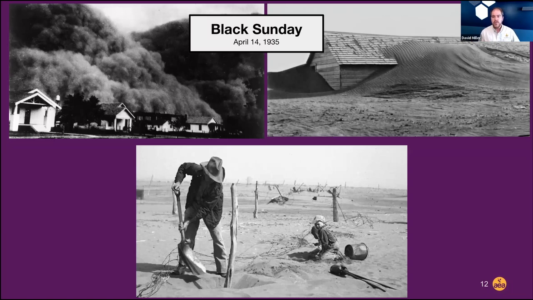The dust cloud moved that far, moved tremendous amounts of soil. But it wasn't just that one Sunday that it happened. There were more than 53 major dust storms recorded in 1935.